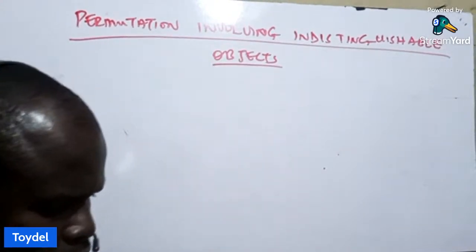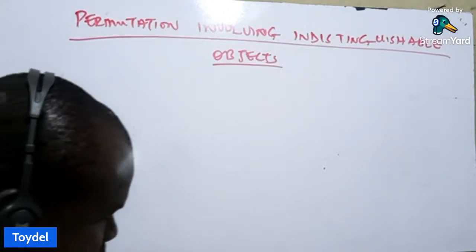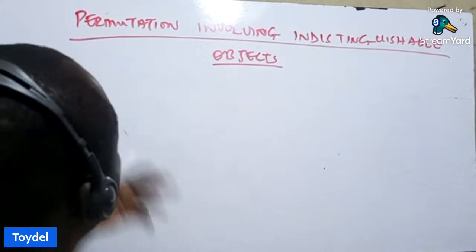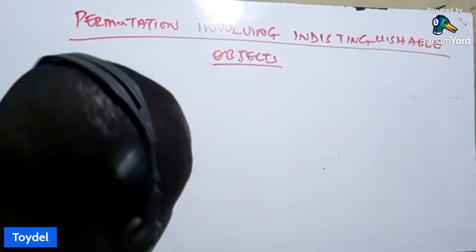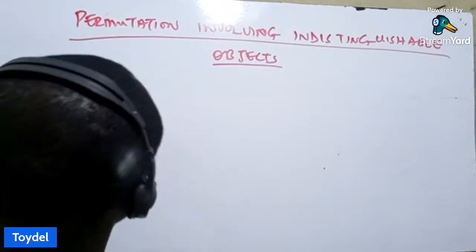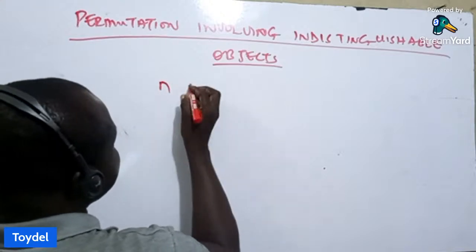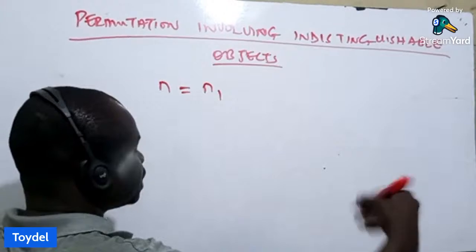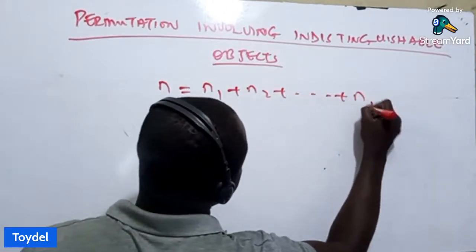So if you have n objects, taking n at a time with n1, n2, n3 up to probably nj. So how do we take the permutation? There are n objects. n will now be equal to n1, the different options that we have, plus n2 plus dot dot dot plus probably nj.